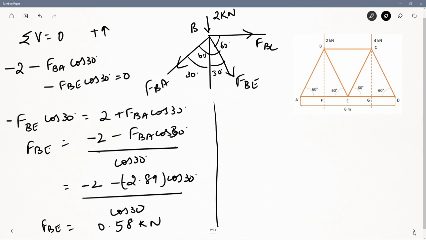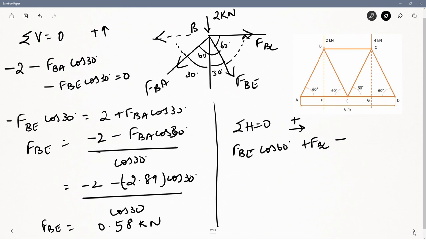Now I can use my horizontal equilibrium equation. Summation of all horizontal forces equal to 0, with forces acting towards my right to be positive. In that case, my equation here would be: FBE, resolving this member force in this direction, FBE cos 60 degree plus FBC minus FBA.